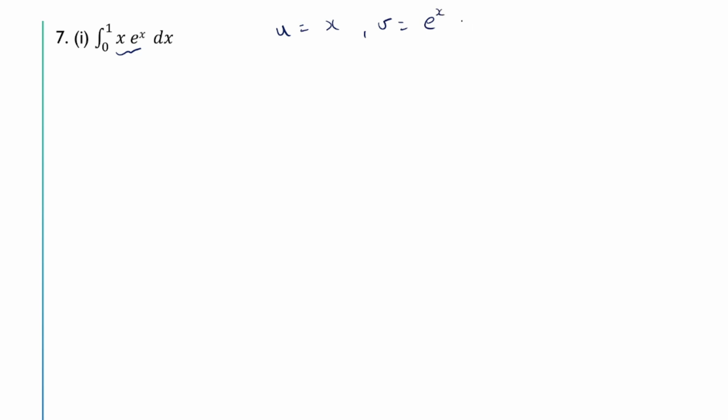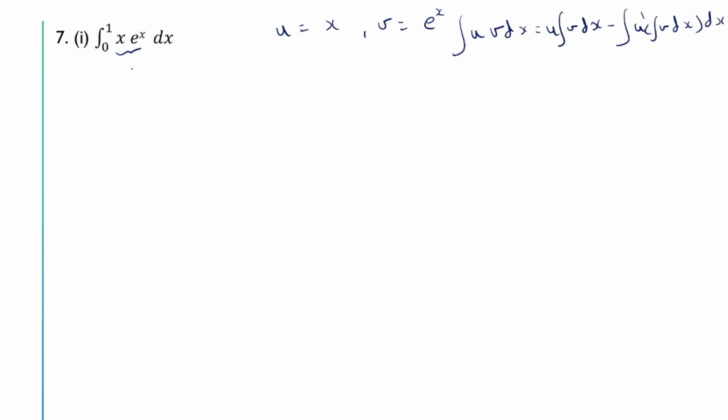So using integration by parts, integral u v dx is equal to u integral v dx minus integral u dash into integral v dx into dx. I have made a video on integration by parts also. In that video I have explained how we have to integrate by parts and various problems are also discussed.